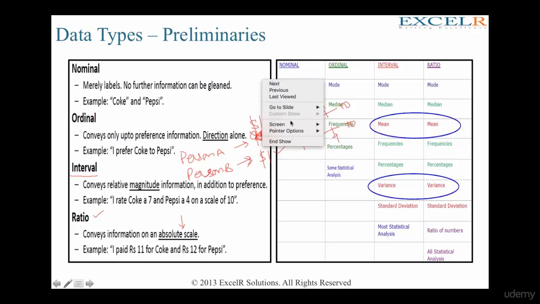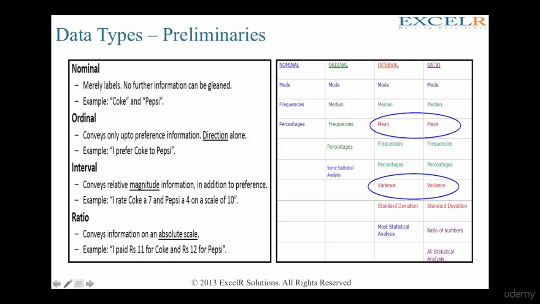And when you do the data collection for your analysis, when you try to collect the data from your customer, you always have to look into ratio data because you can do a lot of statistical analysis on that. I'll explain each one which is given here, not today, probably tomorrow.